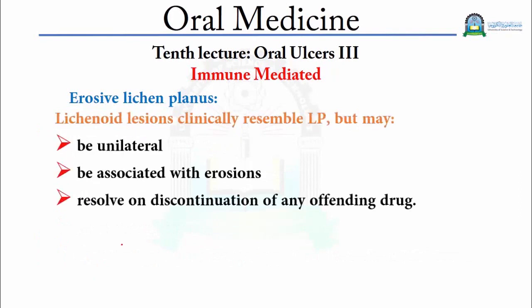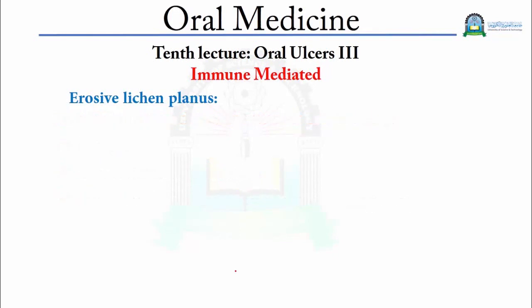The lichenoid lesions clinically resemble the lichen planus, but may be unilateral and may be associated with erosions, as well as may resolve on discontinuation of any offending drug.